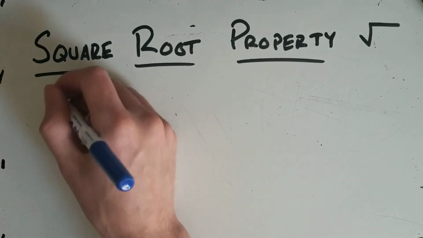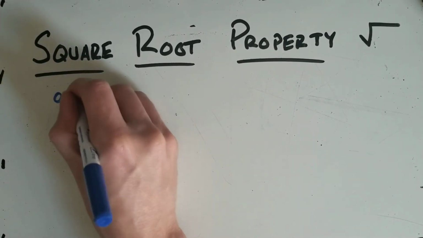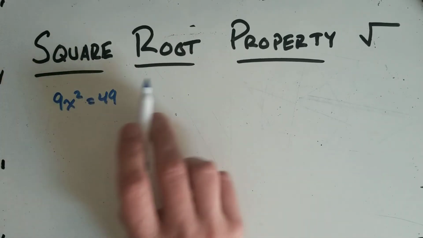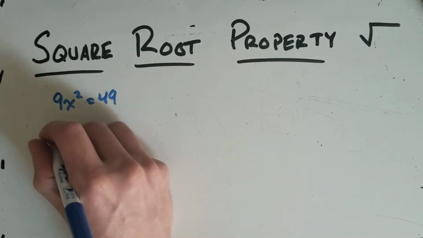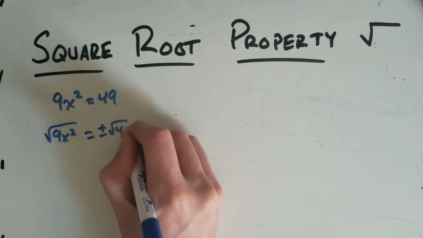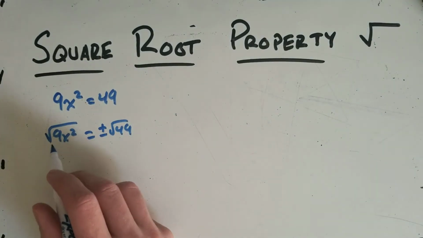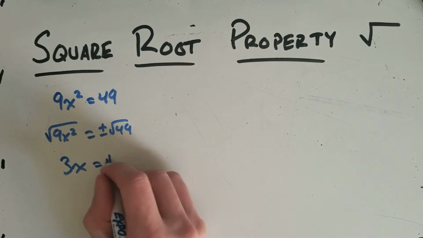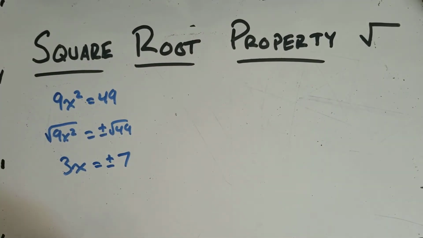So the first one, we have 9x squared equals 49, and we're going to use the square root property here. So I'm going to take the square root of both sides, plus or minus square root of 49. Well, over here, the square root of 9x squared is 3x, square root of 49, plus or minus 7.